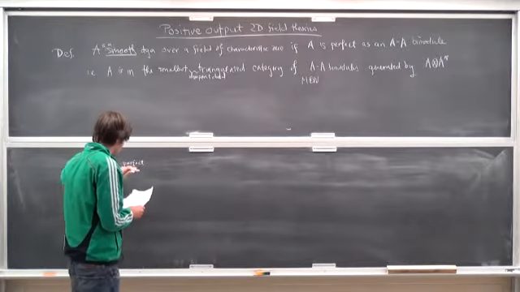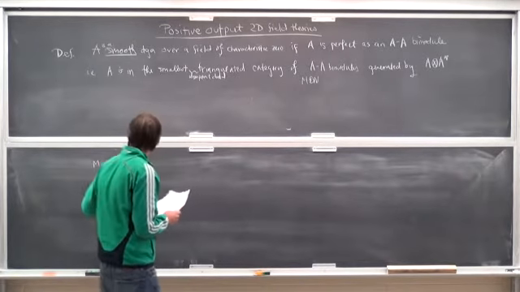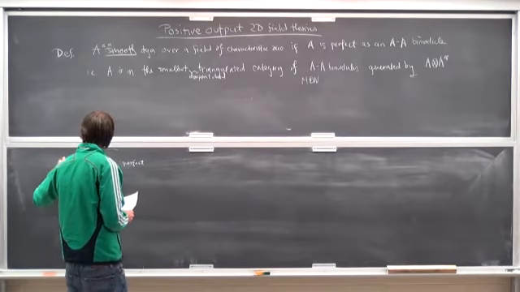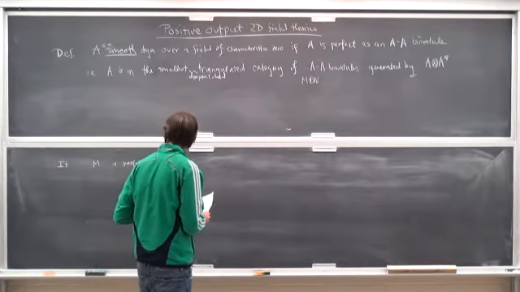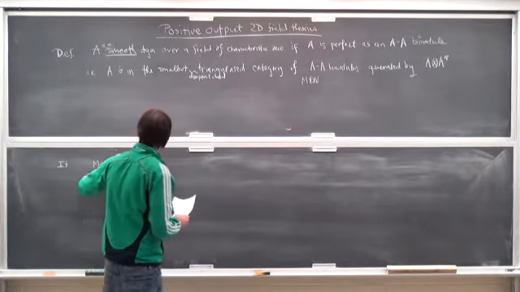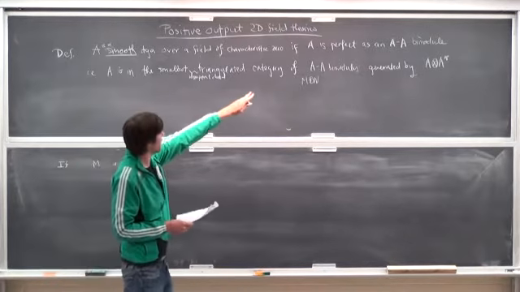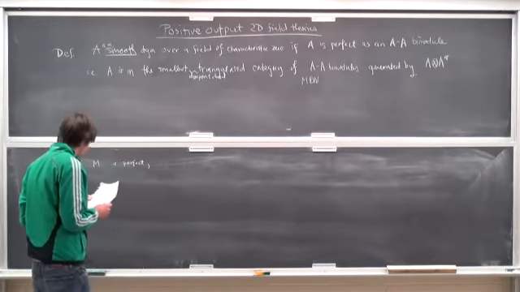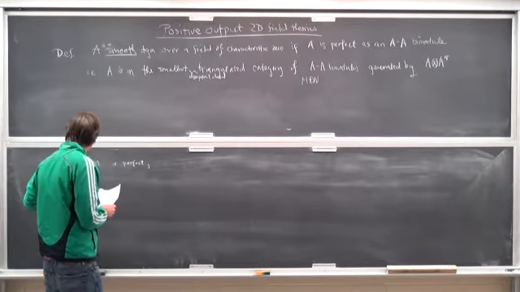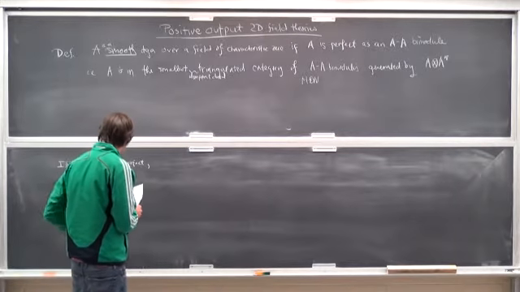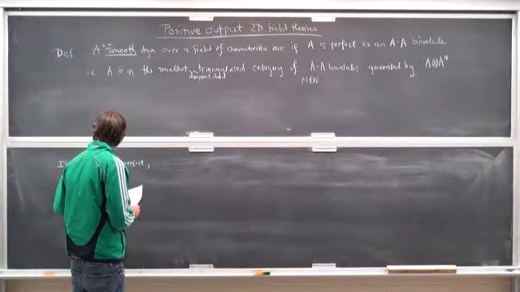So if M is perfect, that is, any M which is perfect as an AA bimodule, then you have the following isomorphism.